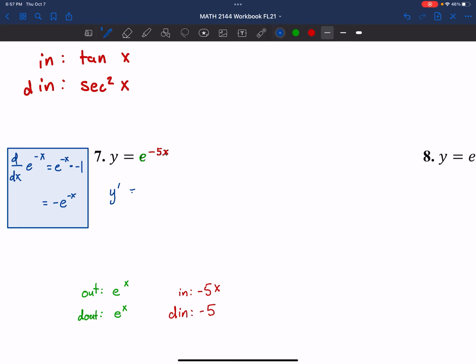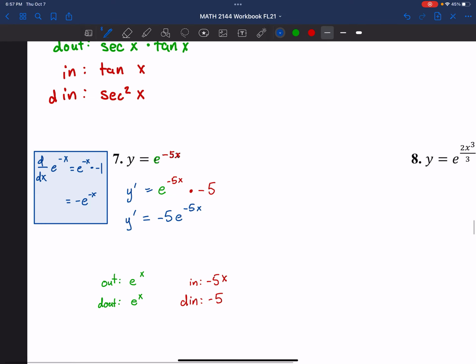So the derivative is going to be the e to the x, but not x. It's going to be just leaving the inside alone, then multiplied by the derivative of the inner, which is minus 5. So y prime here is equal to minus 5 e to the minus 5x.